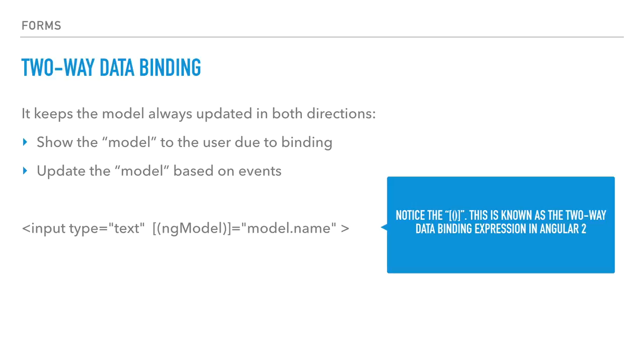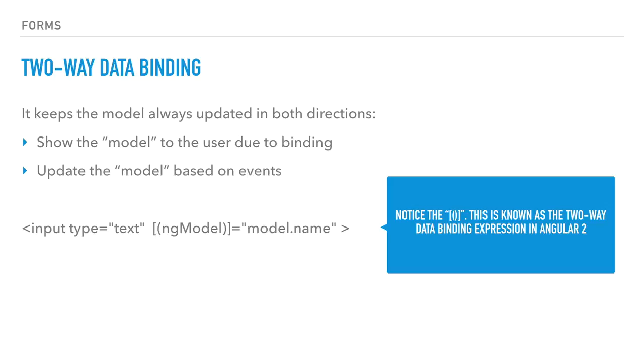But the data always go in one direction, and the combination makes the two directions. So Angular named this syntax, the square brackets plus the parentheses, in a funny way, with the banana in the box name. So I will refer to the two-way data binding later on with this name, okay?